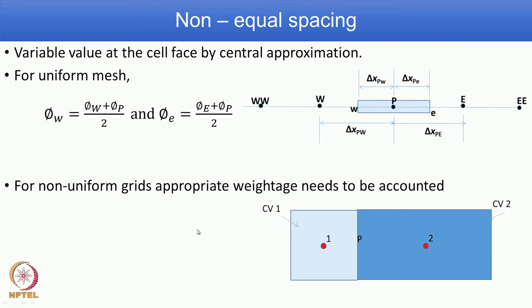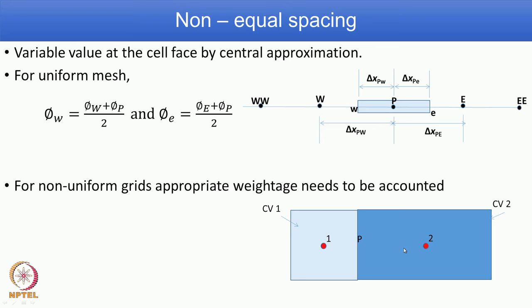So, what is shown here is an illustration. We have one control volume with the node marked as 1, then another control volume with the node marked as 2, and then the point of interest P, whose control volume runs from 1 to 2, abutting both.